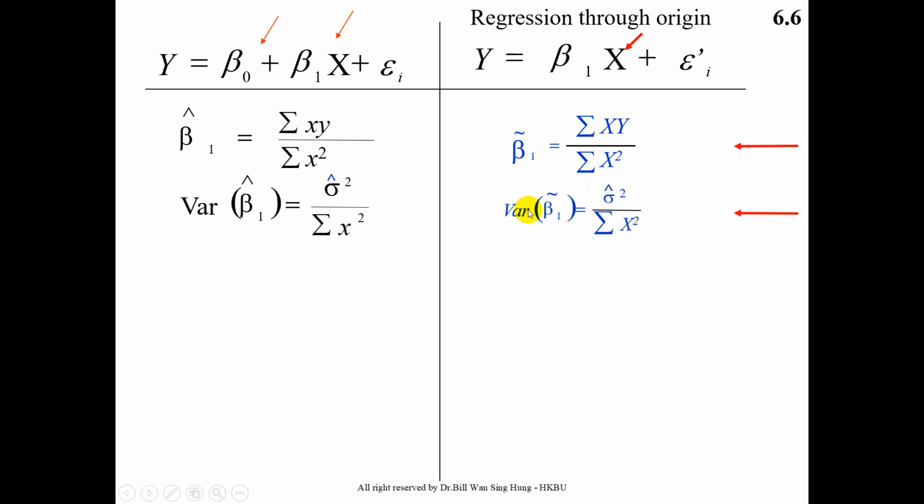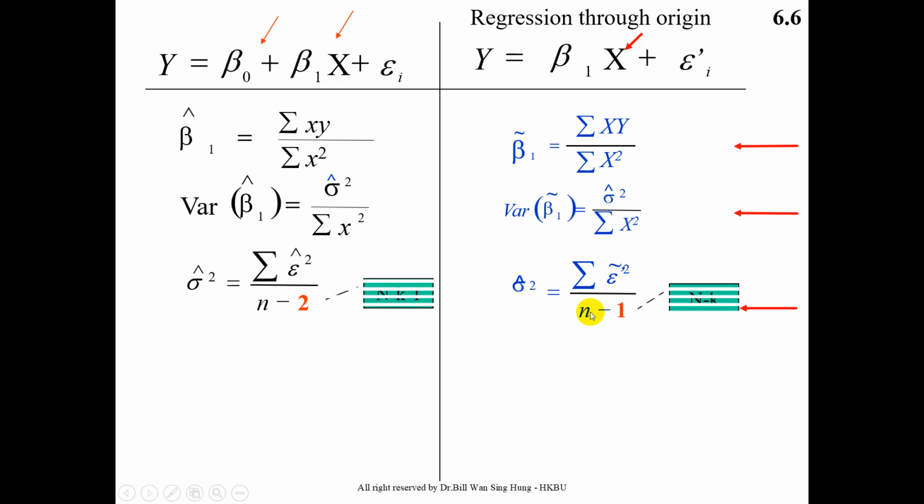Variance of beta 1 hat will be equal to sigma hat square divided by summation x i square, where this x is in deviation form, whereas in this variance of beta 1 tilde, this x is not in deviation form. Sigma hat square will be equal to summation epsilon hat square divided by n minus 2, and in this case it will be equal to summation epsilon tilde prime square divided by n minus 1.